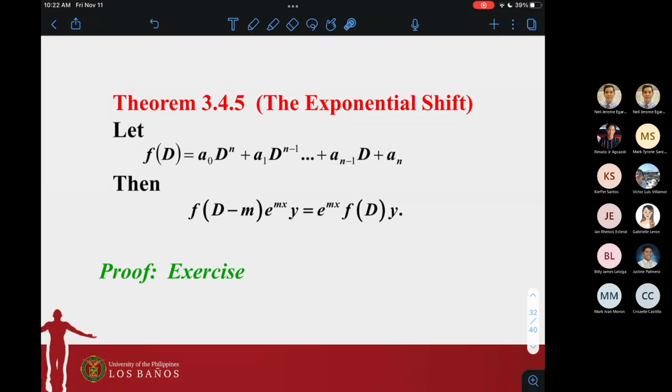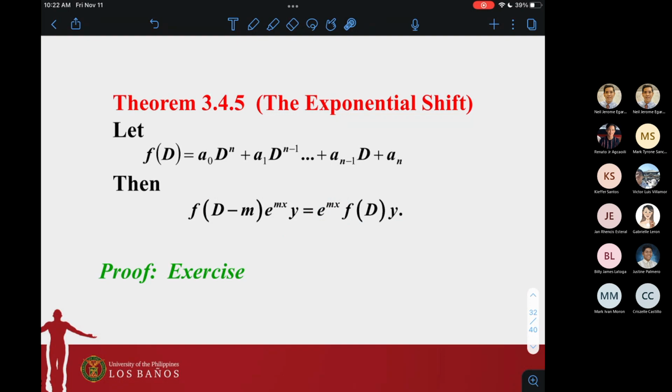So, ibig sabihin, kapag si auxiliary polynomial f ay in-evaluate mo sa operator d minus m, and then apply the result to e to the mx times y, ang sagot lang ay e to the mx f of d applied to y.